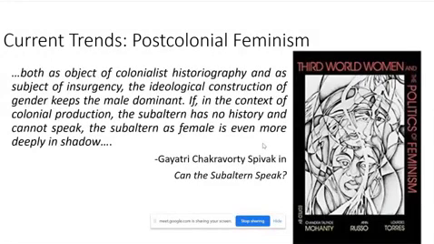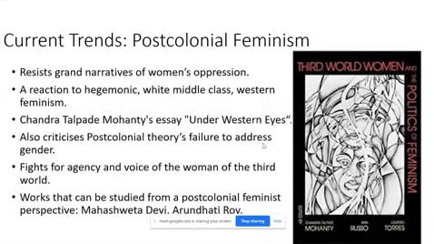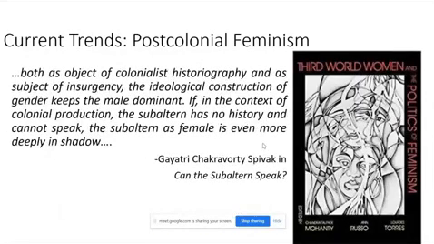So, just to give you a few thoughts from post-colonial feminism, in fact, why do we say that post-colonial theory fails to address gender? Because we know Gayatri Chakravorty Spivak, in her own right, is a very prominent post-colonial theorist. I mean, what brought post-colonialism into the limelight was Bhabha's work and her seminal essay, Can the Subaltern Speak?